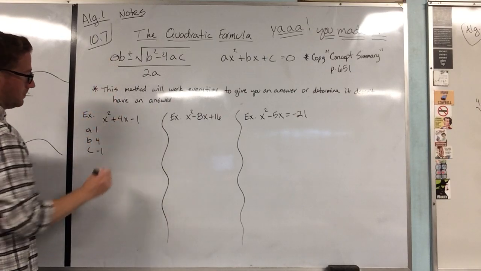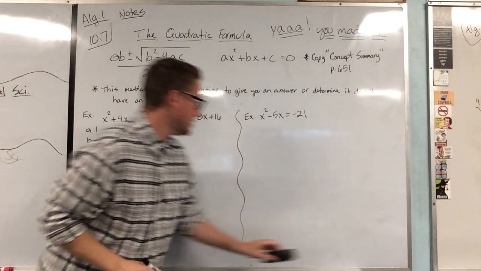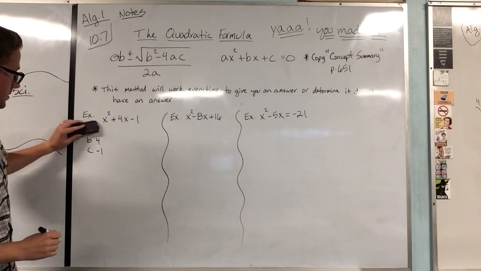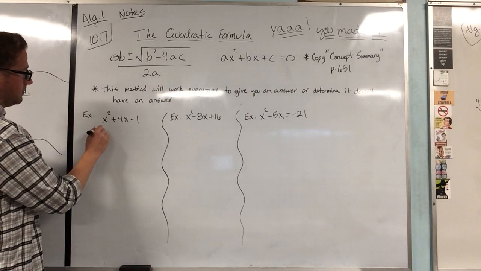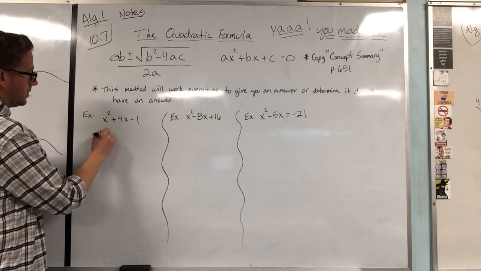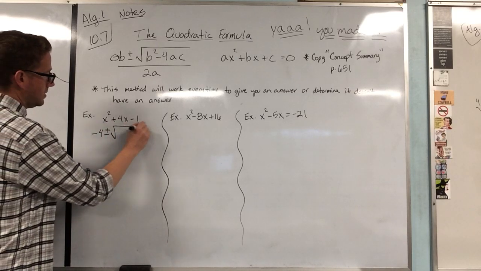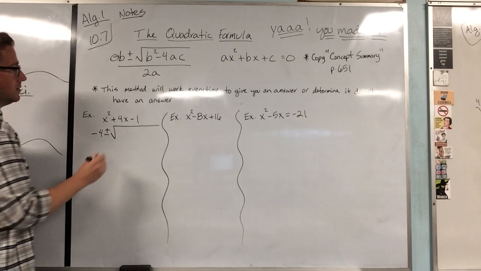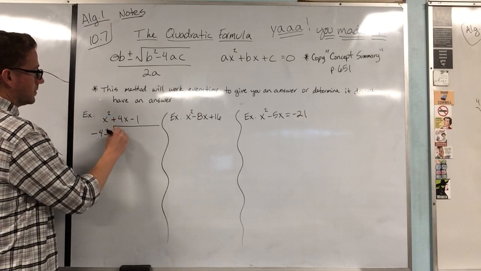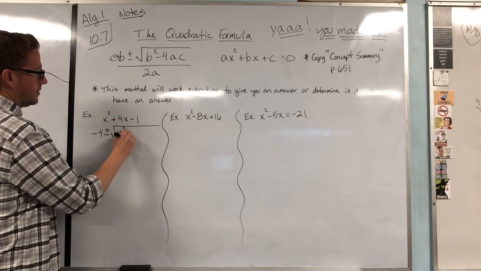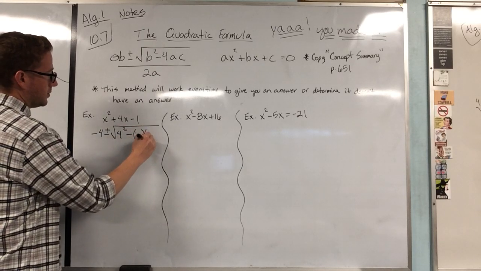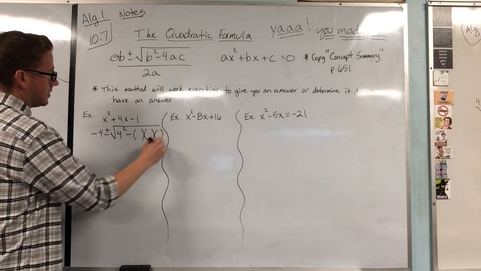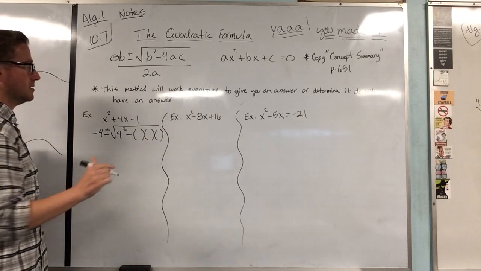So I'm going to erase these values over here just so that I can get a little bit more space. So we have a negative 4 plus or minus, and then in that radical, b is 4, we're going to square it, minus, and then I'm going to start putting these numbers in parentheses just so that you can make sure everything's multiplied together.